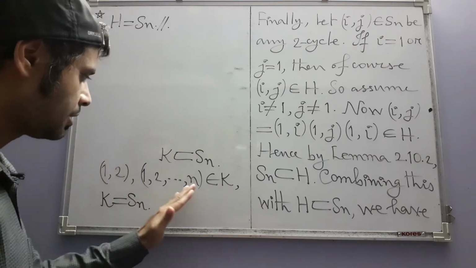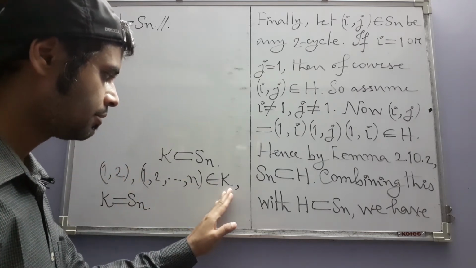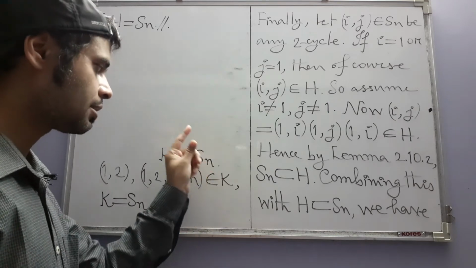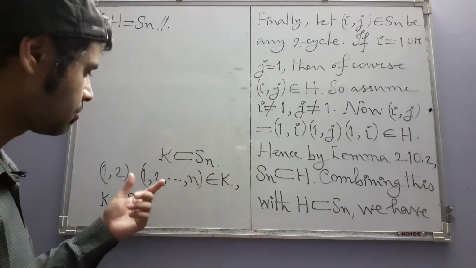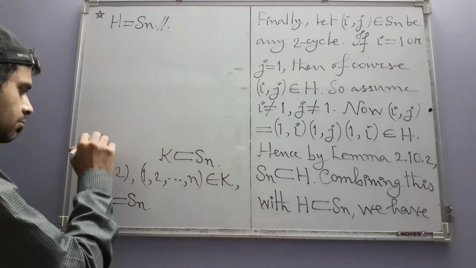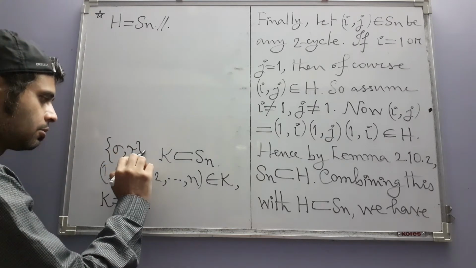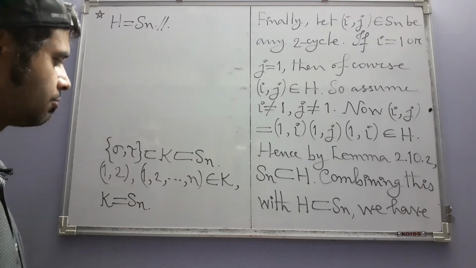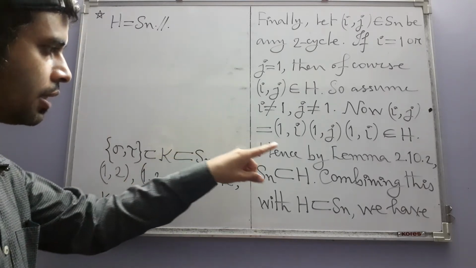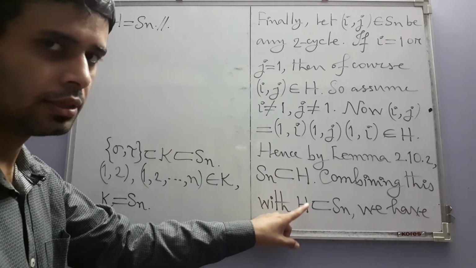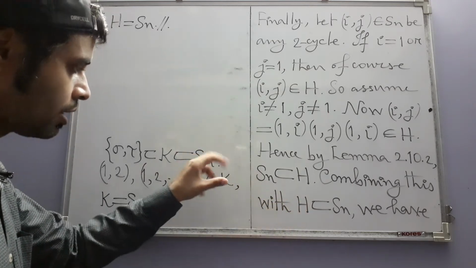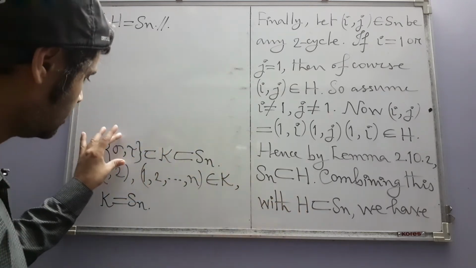If tau and sigma both belong to K, then K is a subgroup of Sn containing the set consisting of tau and sigma, whereas the H that we are looking at here is the smallest subgroup containing this set.